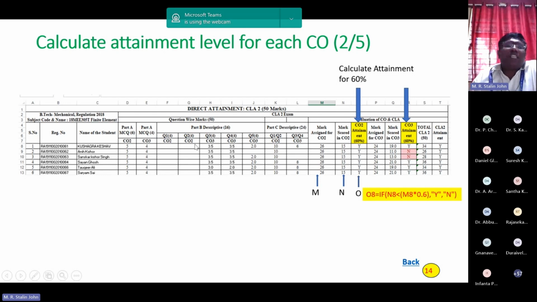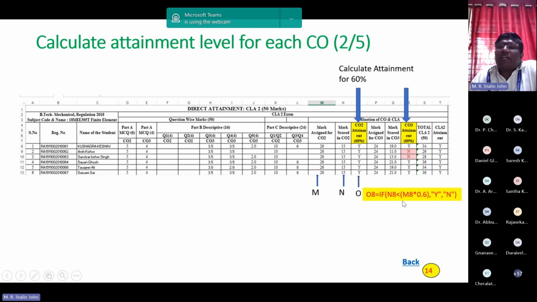For each question, whatever mark is assigned, we calculate the mark assigned for CO2 against the mark scored by a student. So we are checking whether it is yes or no. Similarly for CO3 also.